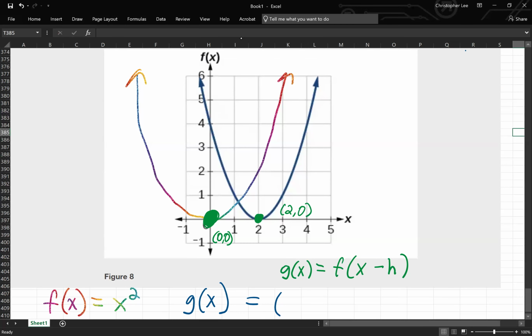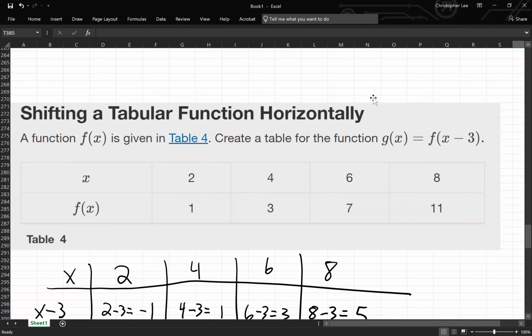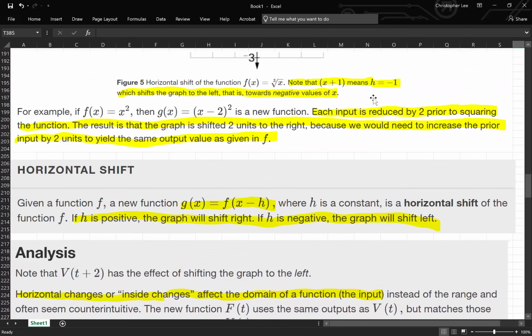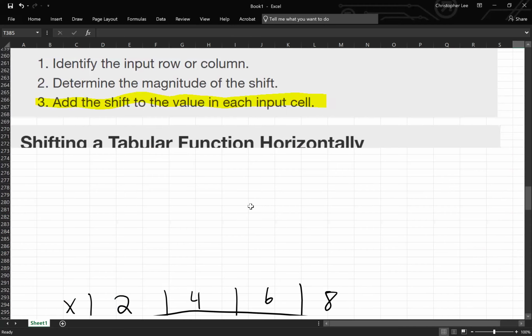This is going to be what? It was given before up here. I'll show you. All the way up here. I'm showing you where it came from. G of x equal to f of x minus h. That's where it came from for the horizontal shift.